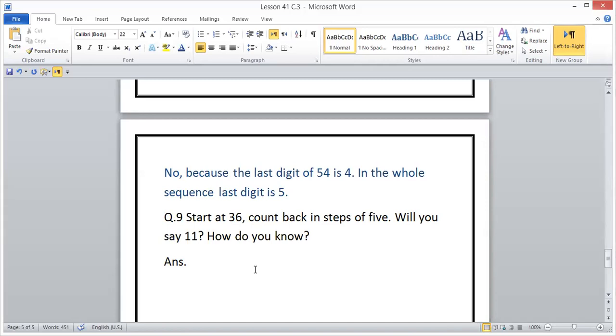It will be 19. I will go back again. It will be 14. No, you are just making mistakes in doing subtraction. That's why I write here for your help: 36, 31, 26. In this way, you have to move back.